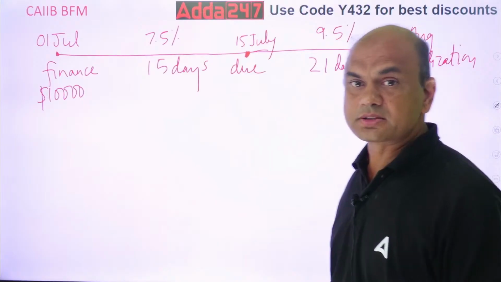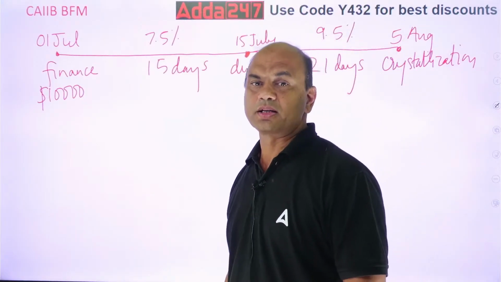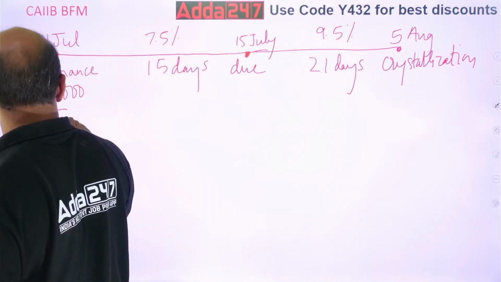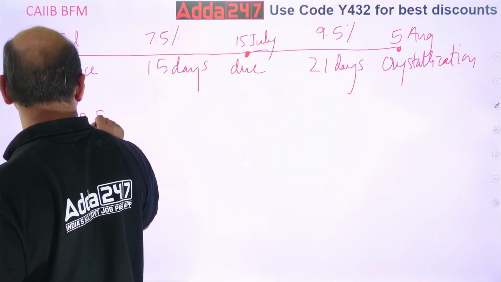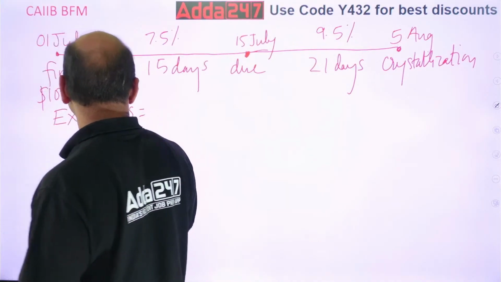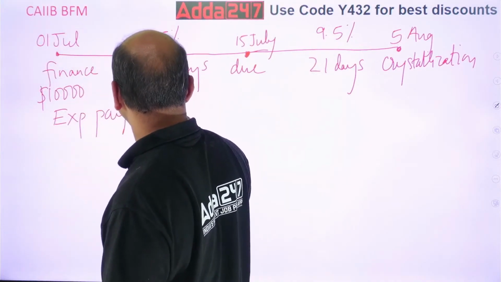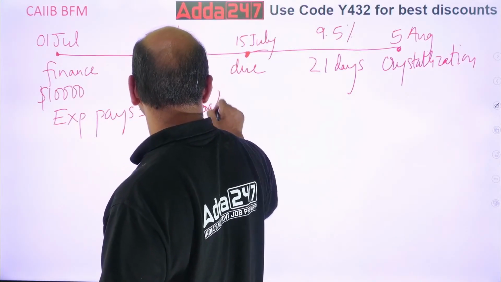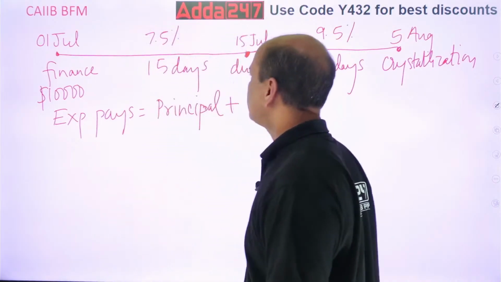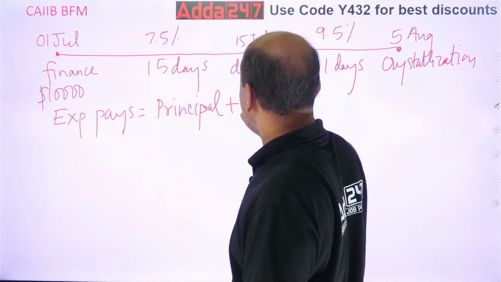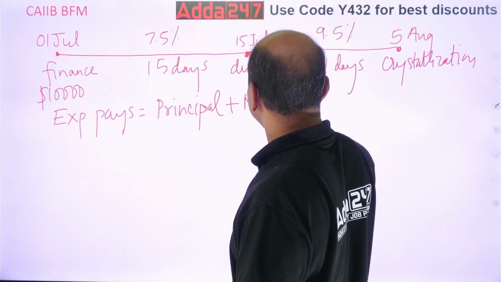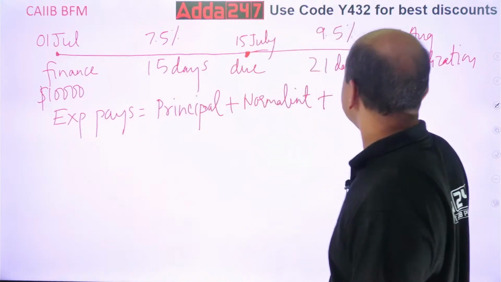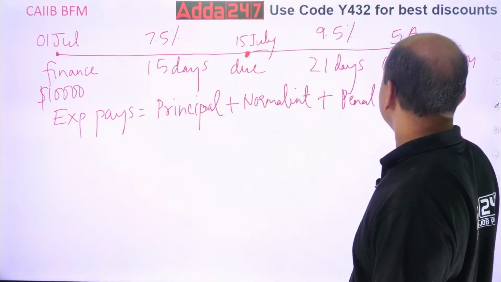So what should the customer, the exporter, pay me now? First, the principal, which is main. Principal plus normal interest plus penal interest.